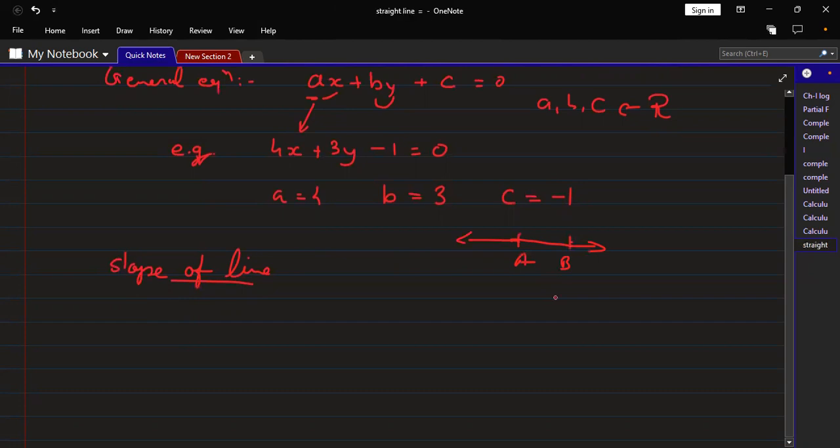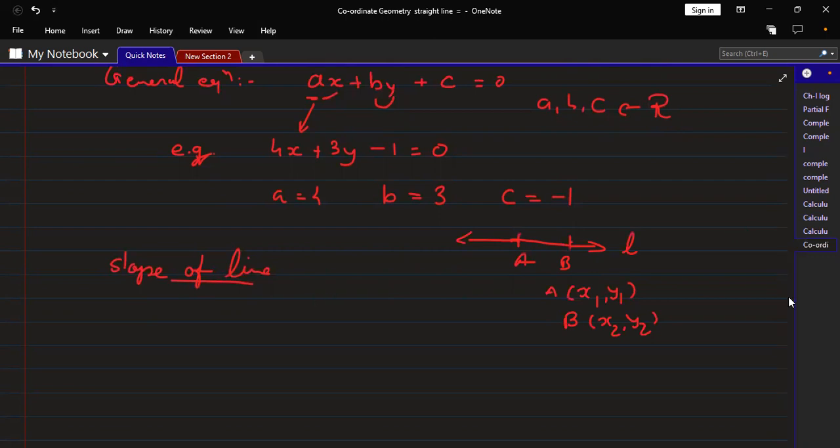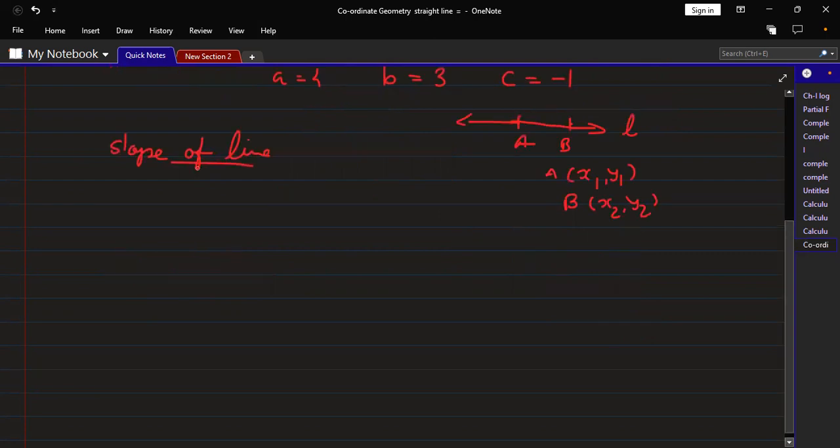ओके, हम जानते हैं हम पढ़ रहे हैं कोऑर्डिनेट ज्योमेट्री, तो हम सपोज ले लेते हैं A (x1, y1), B (x2, y2), राइट. So now one line L which is passing through points A and B, having coordinates x1 y1 and x2 y2 respectively, then we have to find the equation of the line passing through these points.